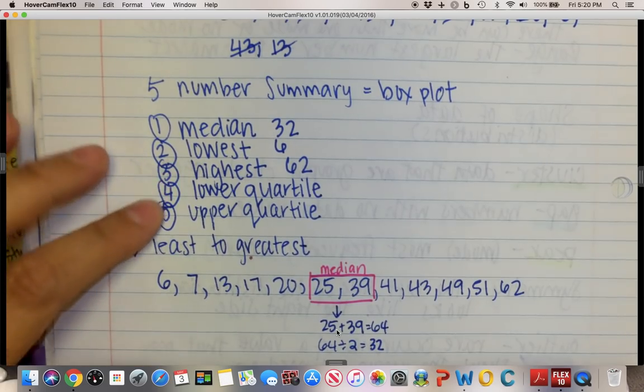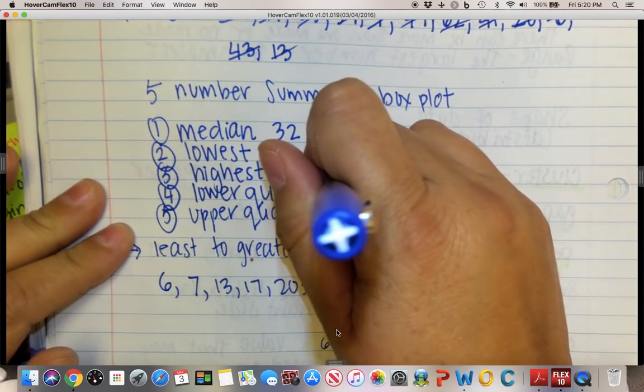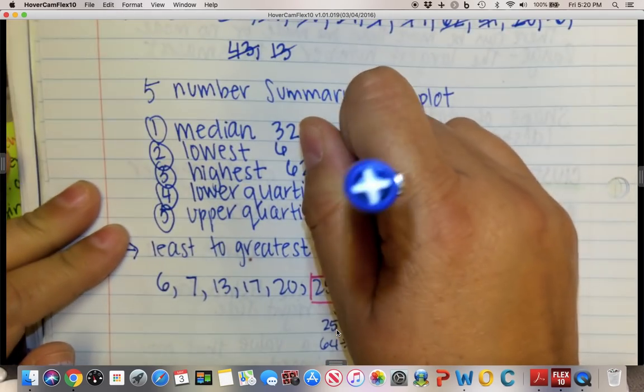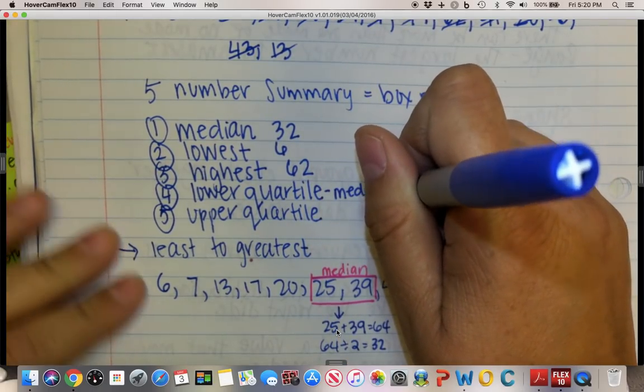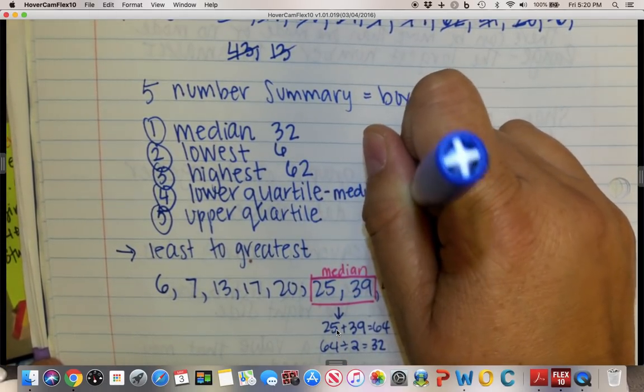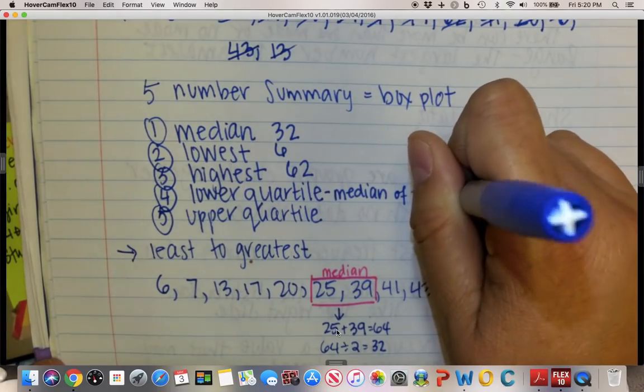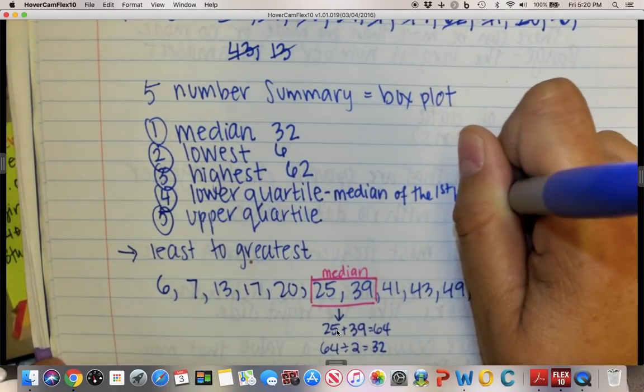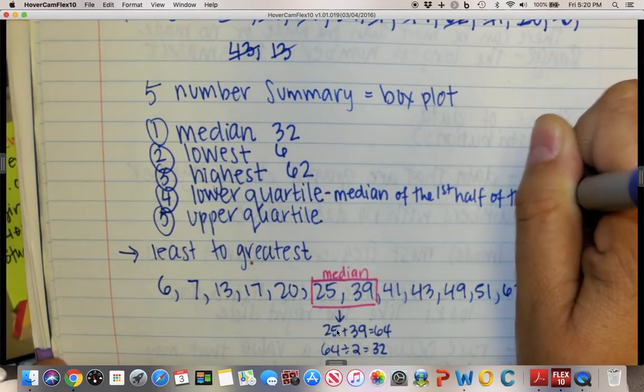The lower quartile is the median of the first half of the data.